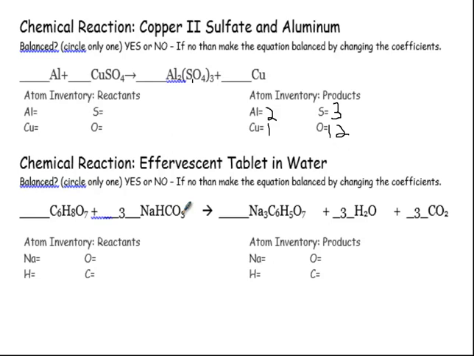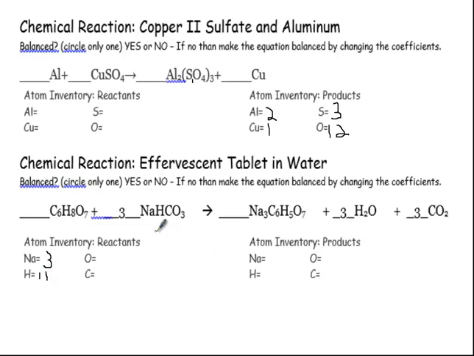All right. To give you a quick reminder, if we take a look here, 3 times the Na gives us 3 Na's. 3 times the H gives us 3 H's, but do not forget you do have 8 H's here, so that's 11 total H's.